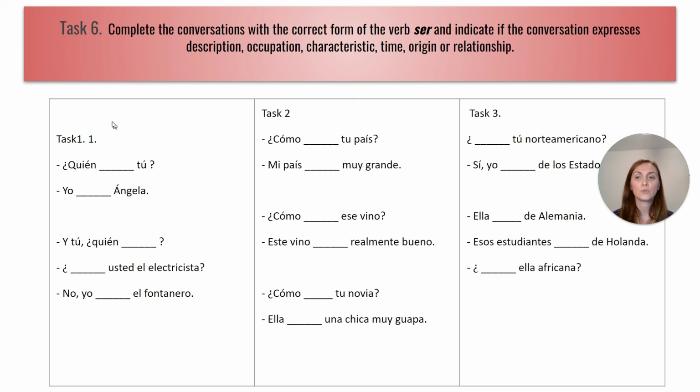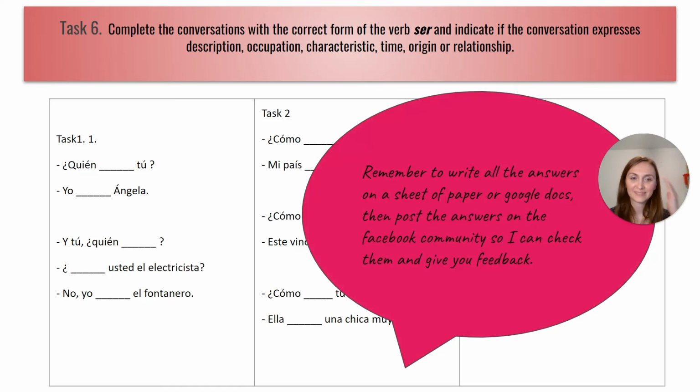So for each of them, you will copy it and say, task 1, ¿Quién? Tú. Yo? Angela. And then you're going to say, maybe this is description. Maybe this is only characteristic or whatever is the case. Yes? As always, I would like to remind you to write all the answers on a sheet of paper or Google Docs and post the answers on the Facebook community.